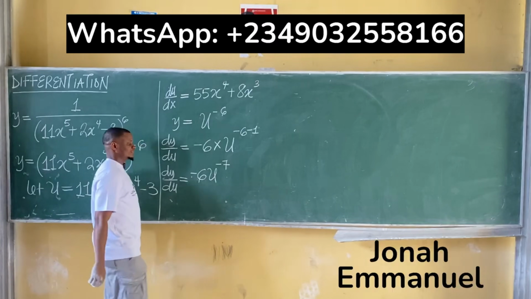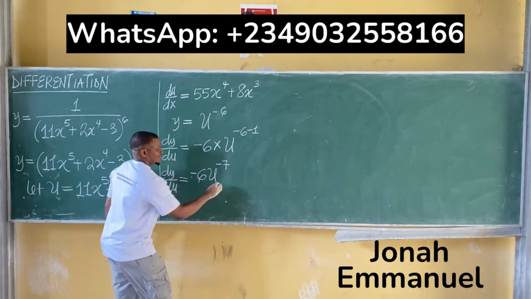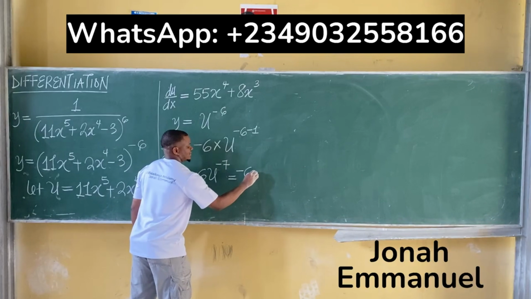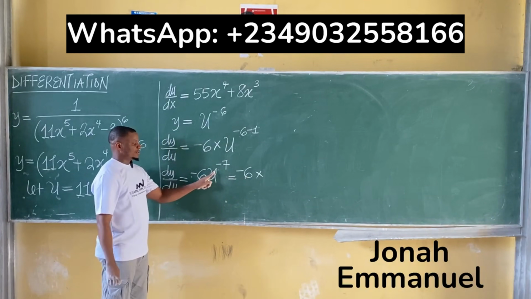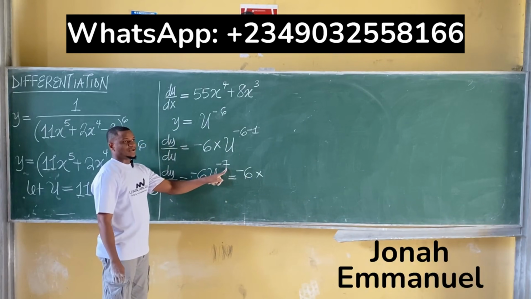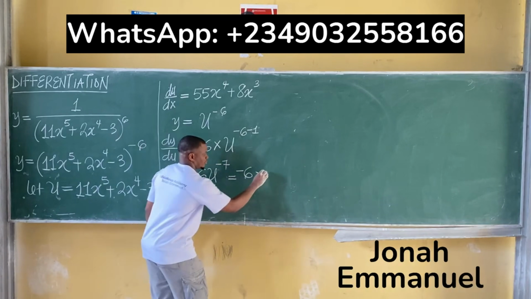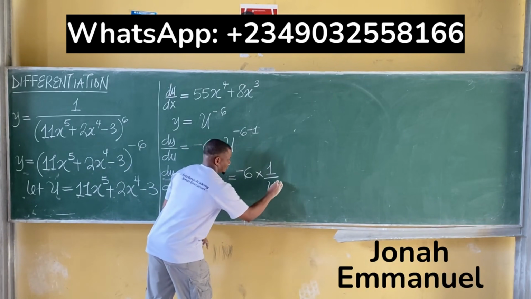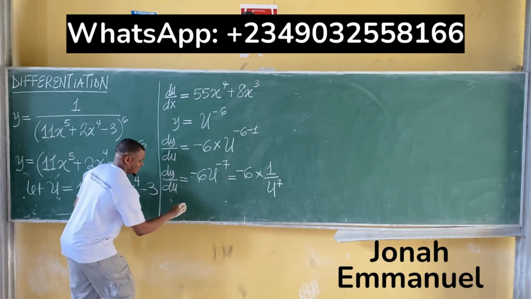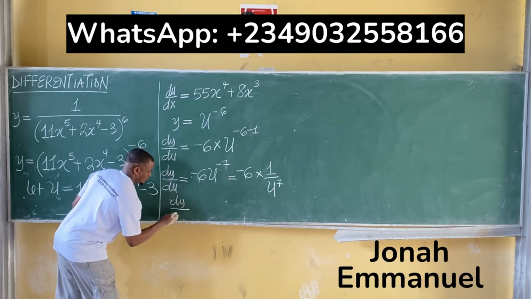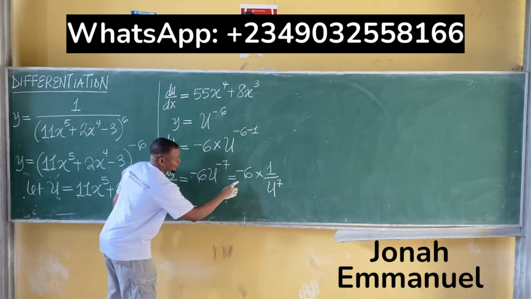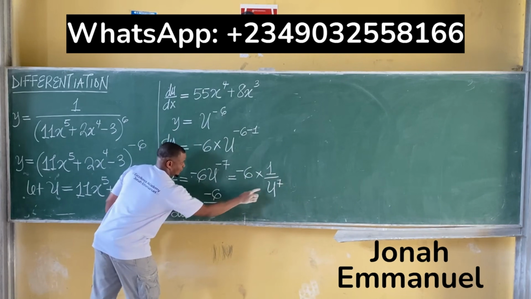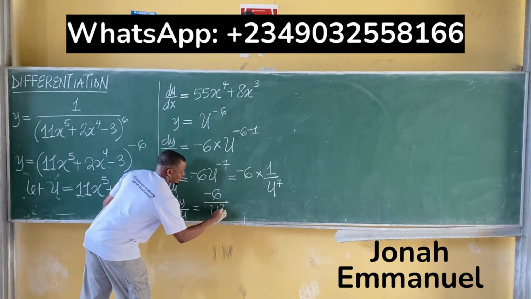Minus 7. All right. This is equal to, expand this. What would this give you? Minus 6 times u to the power minus 7. What will it be? 1 over u to the power what there? 7. Good. That means from here, dy/du would give you minus 6 times 1 gives you what there? Minus 6 all over u to the power what?